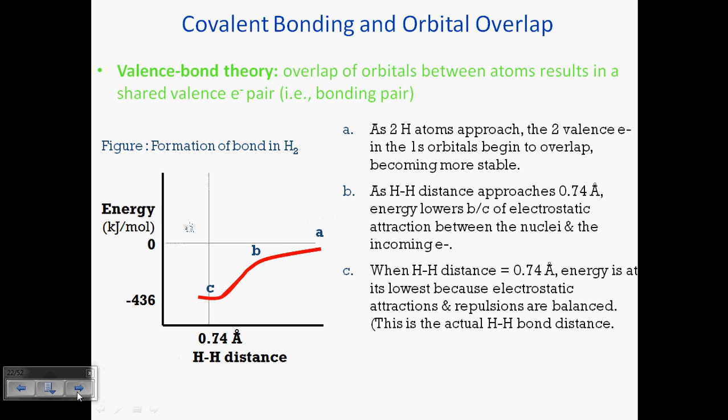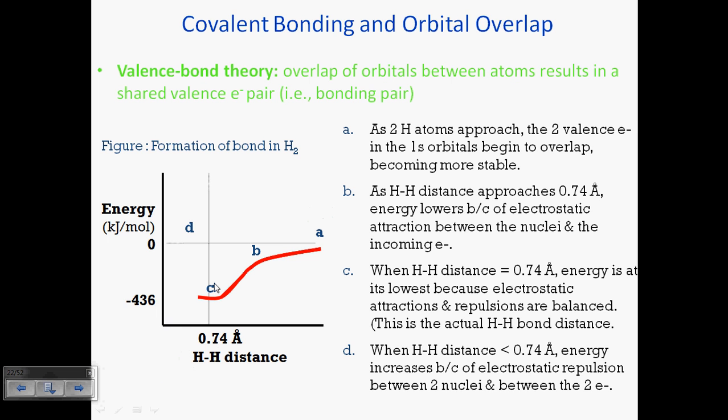If the atoms come any closer than 0.74 angstrom, the energy starts increasing again due to increased repulsive forces between the protons of the two nuclei. So there is a fine balance between the attractive forces between the protons in the nucleus and the electrons, and the repulsive forces between the protons in the two nuclei of the atoms.